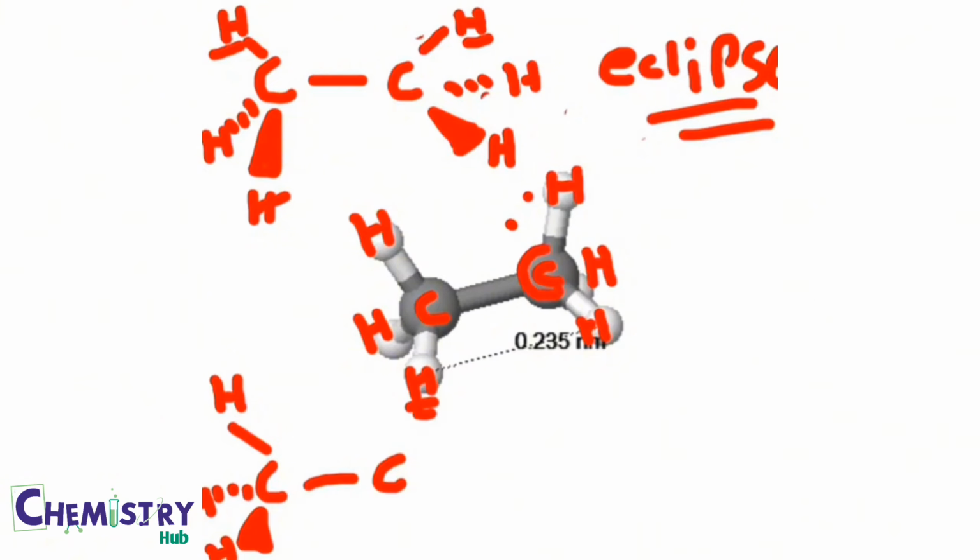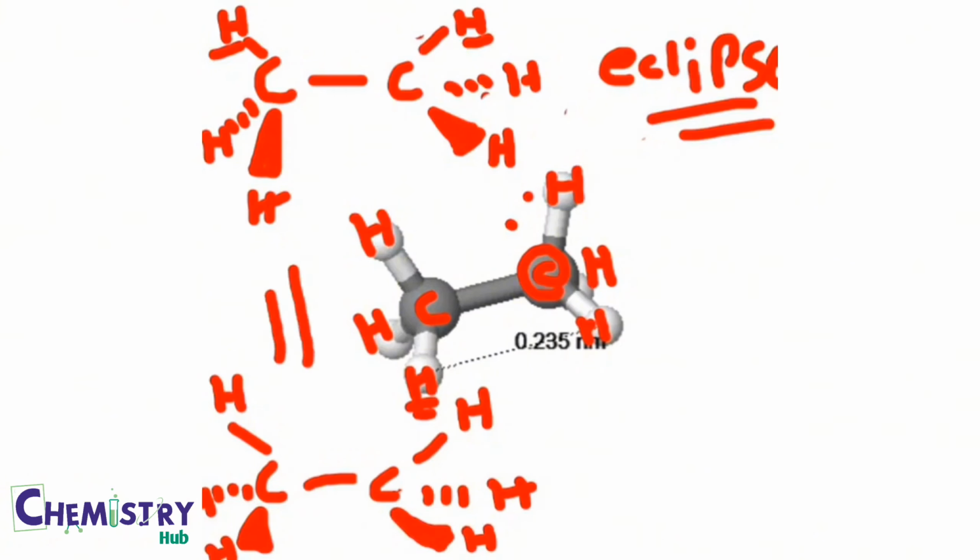Now, regarding the right side of this carbon, I draw a hydrogen upwards on the plane, a hydrogen behind the plane downwards, and a hydrogen outwards from the plane. Well, so you see, this structure is exactly equivalent to this structure. So the eclipsed form is like this.